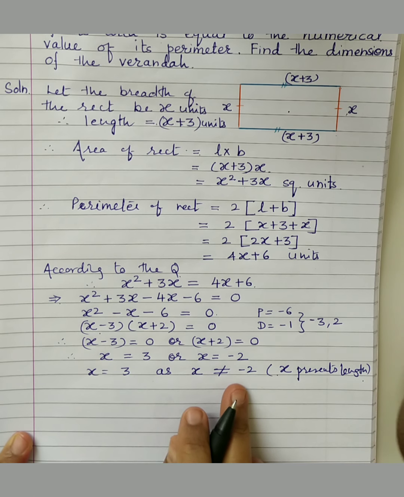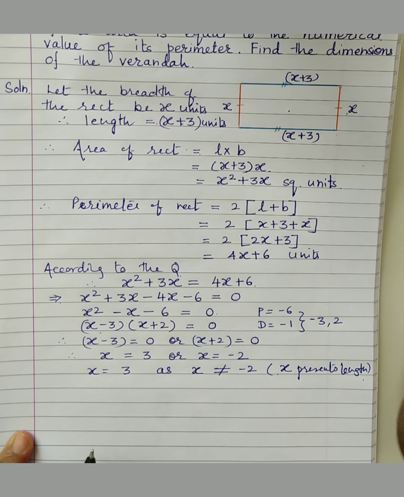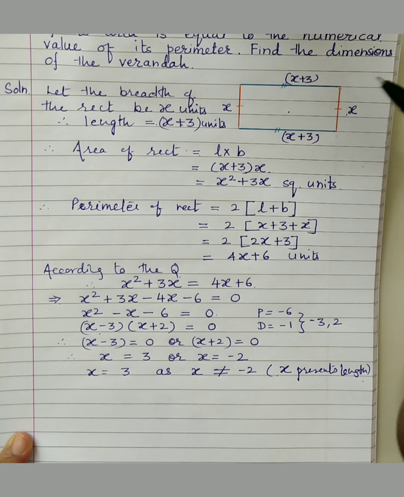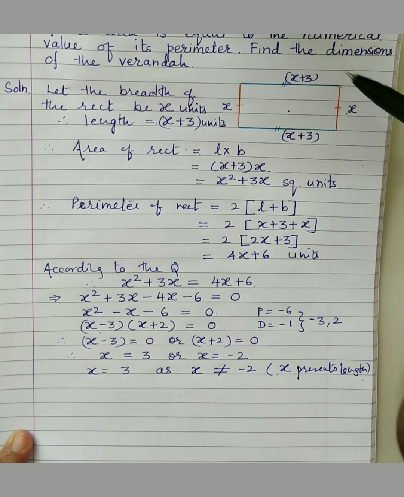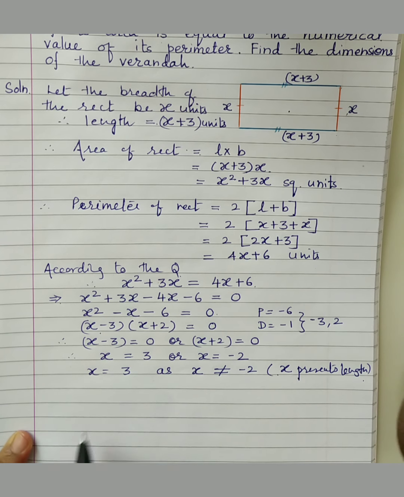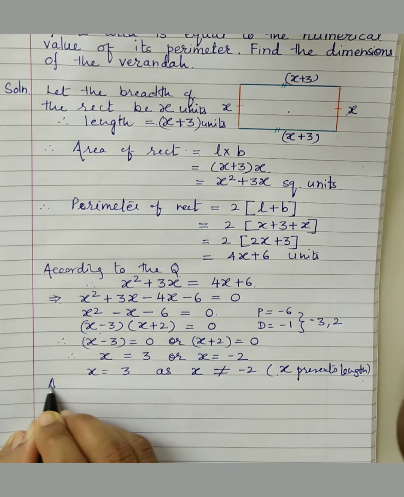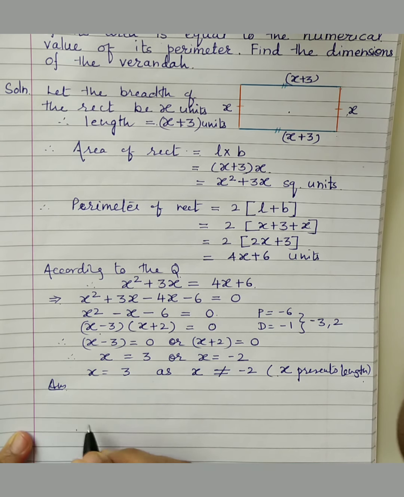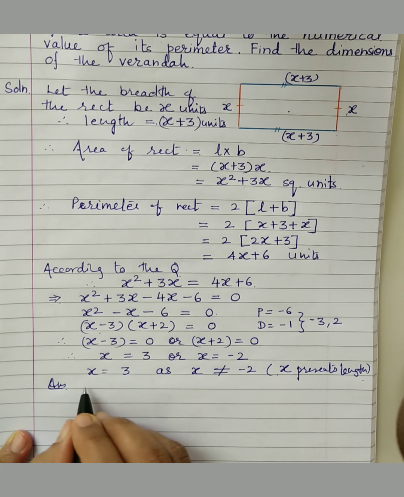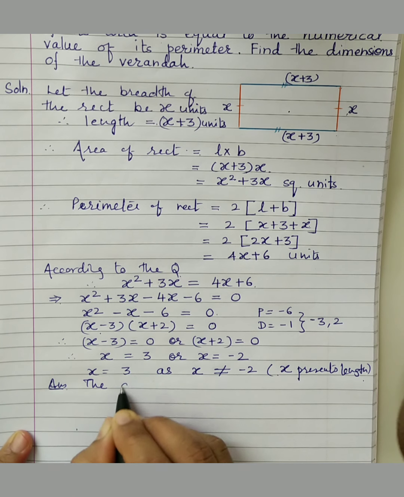So one value is rejected, x is found 3. Now it is important what is being asked in the question: find the dimensions of the veranda. So you need to write this. This is your special mark allotted for writing the answer.